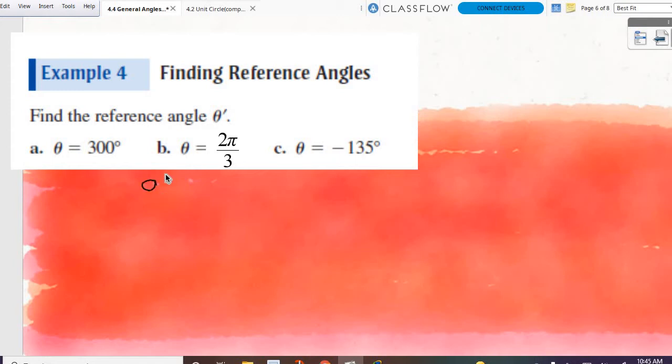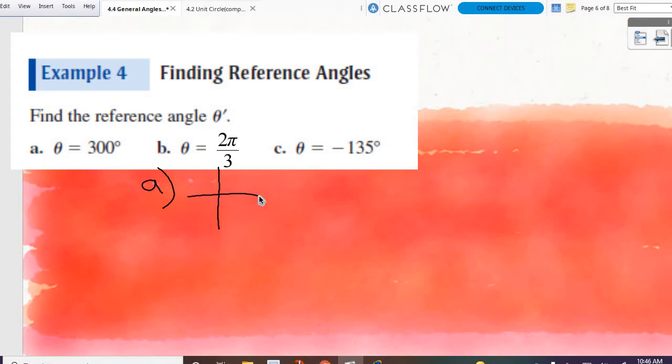So for A, what might it be helpful to do? What's always helpful for us to do? Draw a picture. Because it's going to help us figure out which quadrant it's in, which tells us what we want to do, right?